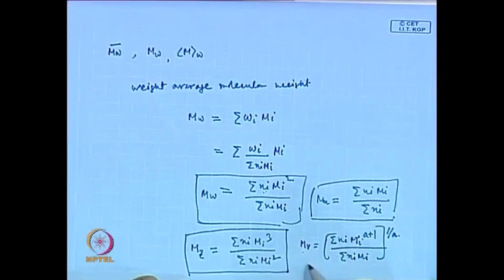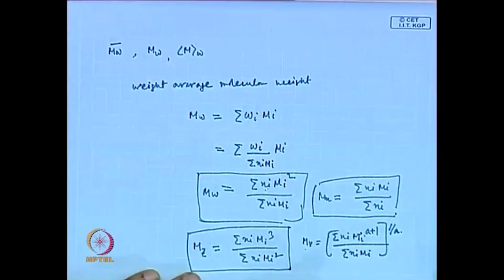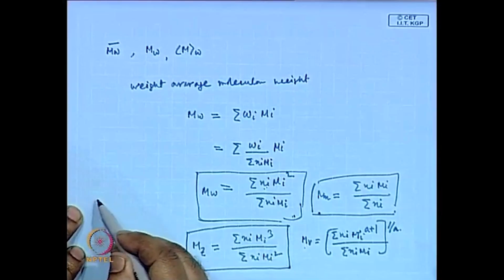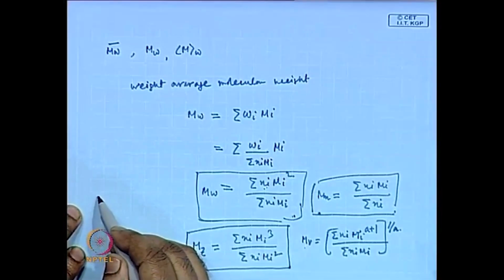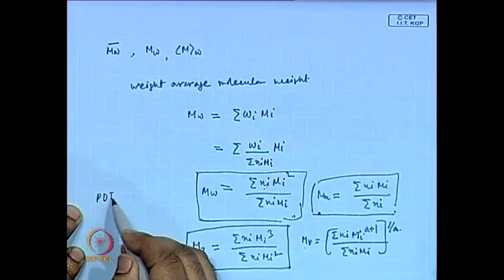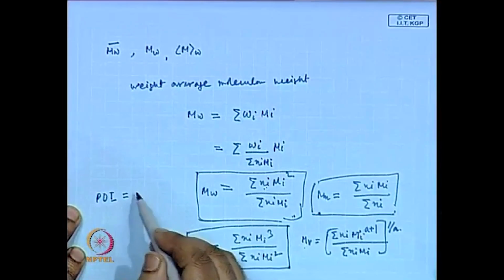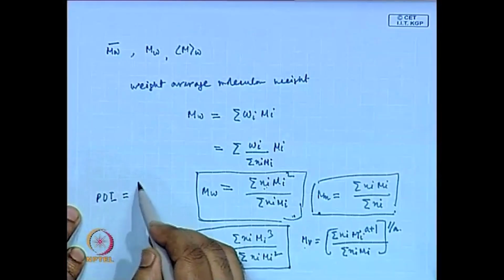So, this is the viscosity average molecular weight, this is the Z average molecular weight, but most commonly these two terms, Mn and Mw, are used, and those are sufficient for your description of your sample.